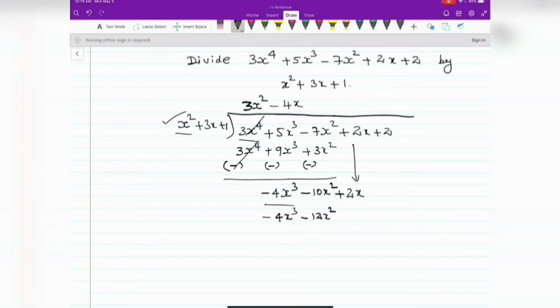Then plus 1 into minus 4x will give me minus 4x. Then the sign will change. Now I will be getting minus 4x cube plus 4x cube will get cancelled. Here minus 10x square plus 12x square will give me 2x square. Then plus 2x plus 4x will give plus 6x. Now I have to bring down this plus 2.